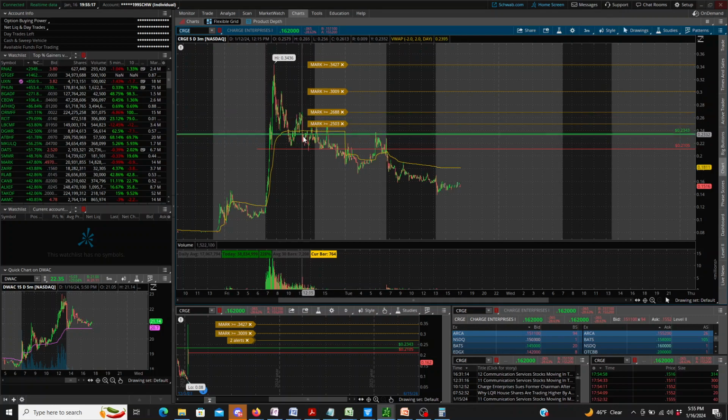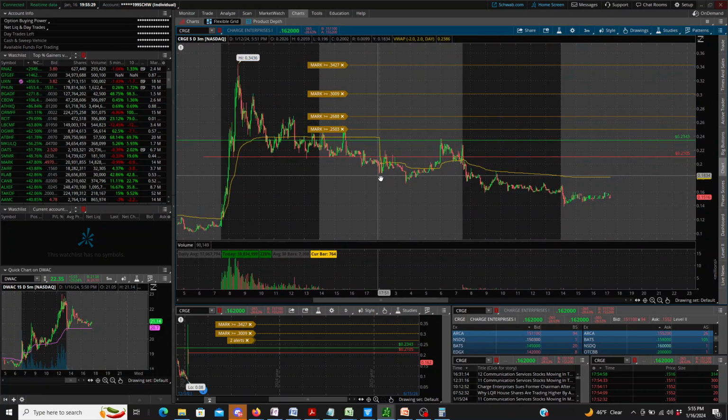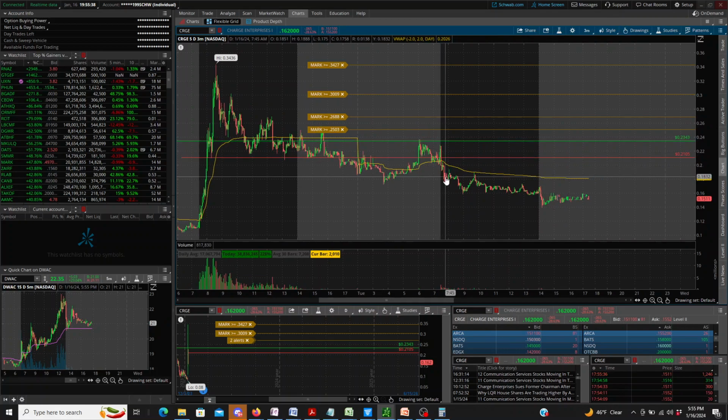Swinging this over from Cringe, which I made money on last week from this run, and that's the reason why I bought right away, because I was expecting this type of action, whereas PHUN didn't do that type of action. It collected first before it ran, but either way, it ran. And then I sold the last 100 shares for a $3 loss, or $3.03 over here. And then let's go back to PHUN.